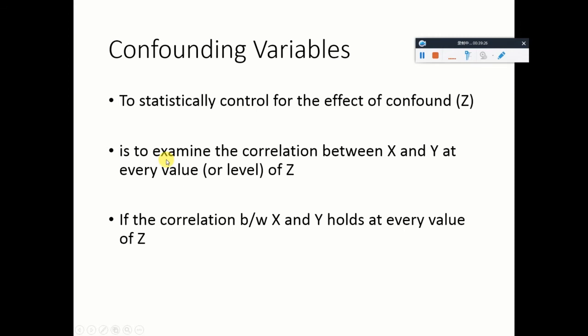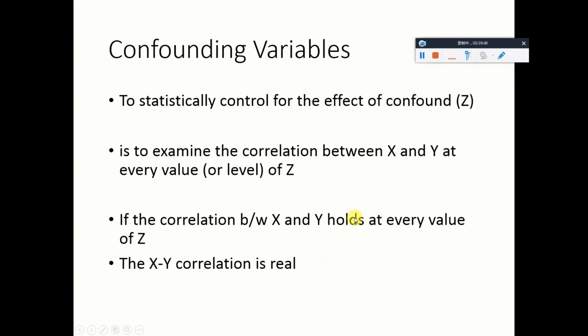So when we're examining the correlation between x and y at every level or every value of z, if the correlation between x and y still holds, then the xy correlation is real. It's not fake.